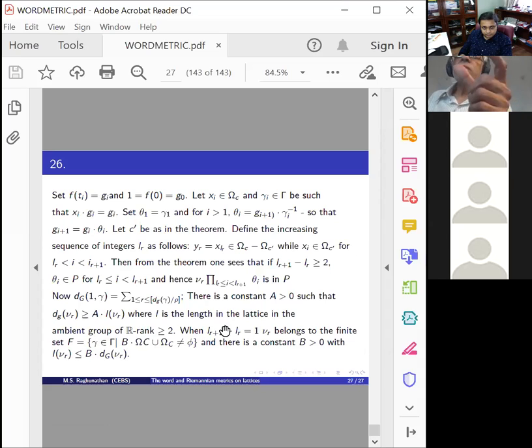When L_{R+1} and L_R are consecutive, it will be easily seen that this is true. So in either case, there are only finitely many elements.